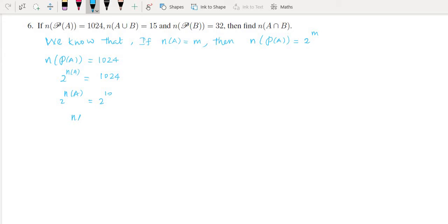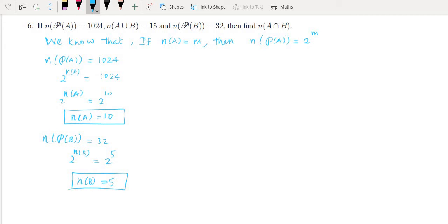So n of A is 10 here. Similarly, n of P of B is equal to 32. So n of P of B is 2 to the power n of B, equal to 32, which is 2 to the power 5. So n of B is 5. So A has 10 elements, B has 5 elements.